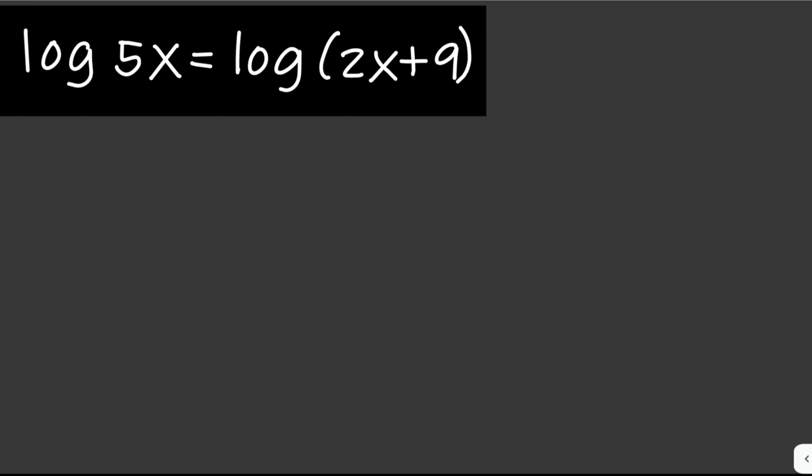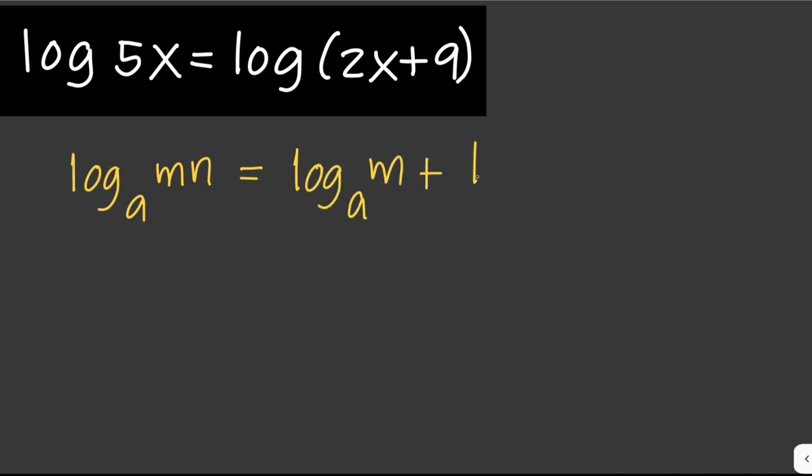And some other properties. We have the product property. The logarithm of m times n to the base a is equivalent to the logarithm of m to the base a plus the logarithm of n to the base a. Then we have the quotient property.